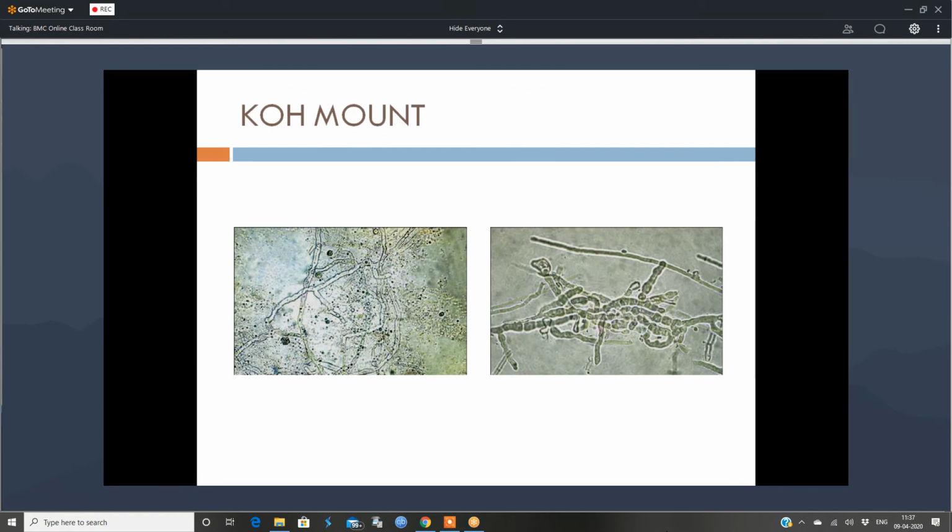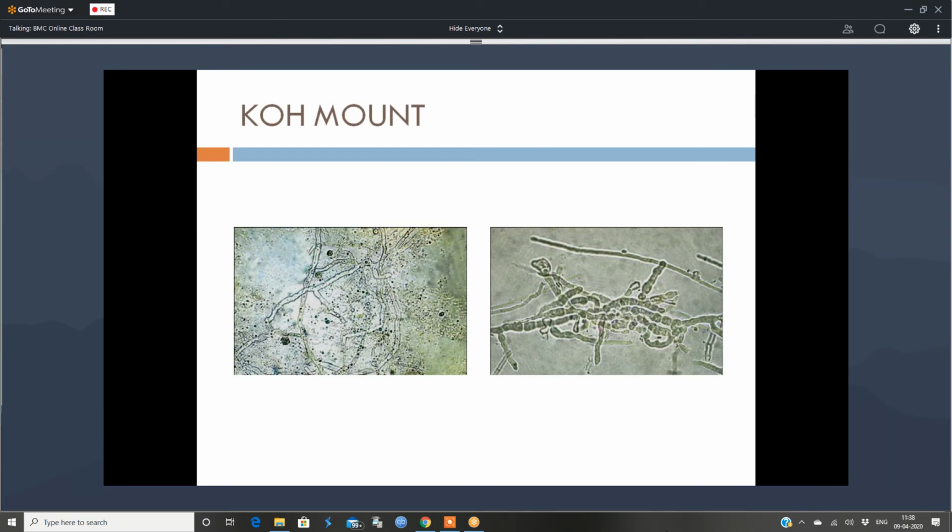The next one is a slightly magnified picture. This is how the fungal hyphae will look. So this can be done immediately. You take the scraping, put the KOH mount, go to the microbiology lab, or if you have a microscope in the department, you can do a KOH mount and then start your treatment.